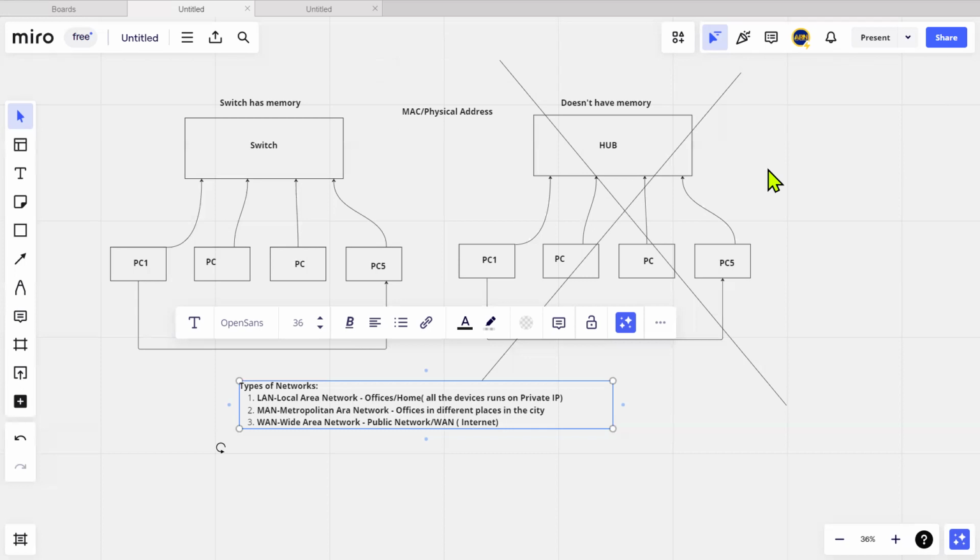You can talk to anyone from your place to any country in the world. That is the power of WAN, Wide Area Network. That is also called a public network. Okay, so this uses public IP addresses. LAN uses private IP addresses, and MAN uses public and private IP addresses.